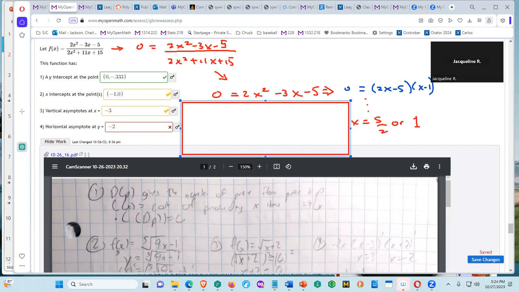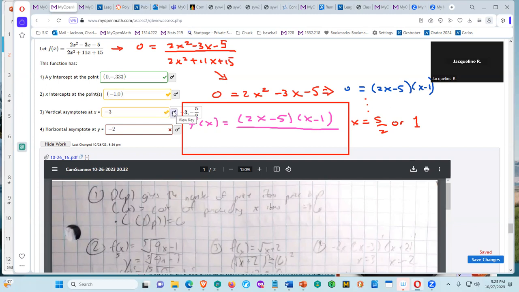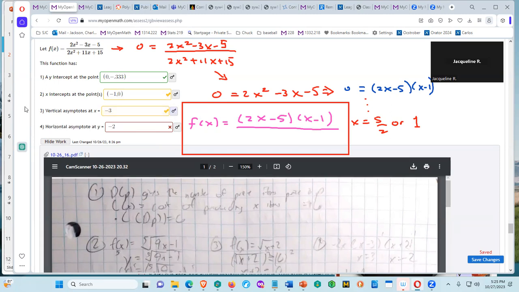Now let's see, f of x is 2x minus 5, x minus 1 over, let's see, negative 5.